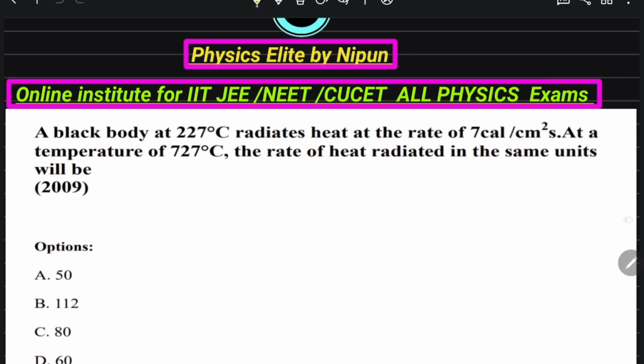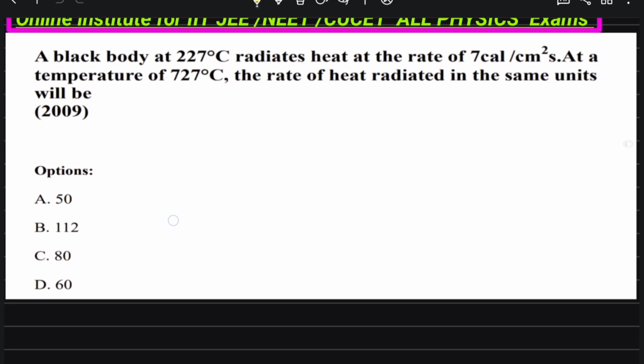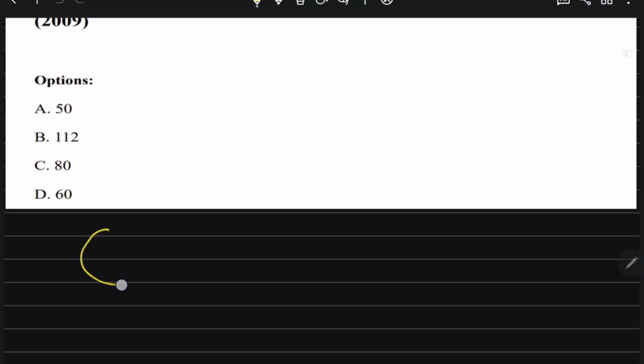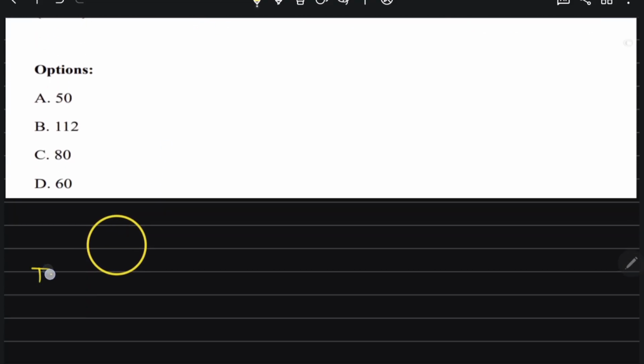This is also a very good question. A black body at 227 degrees Celsius radiates heat at a rate of 7 calorie per centimeter square per second. This is our black body at a temperature of 500 Kelvin.